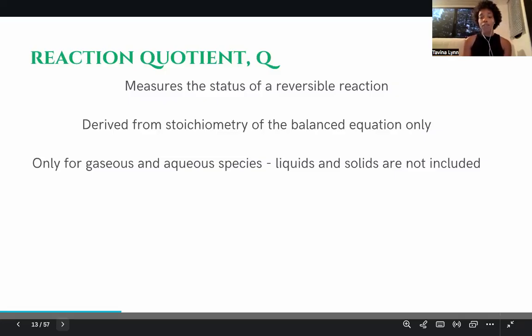We derive Q from the stoichiometry of the balanced equation only, and we write the reaction quotient only for gaseous and aqueous species. We ignore liquids and solids.